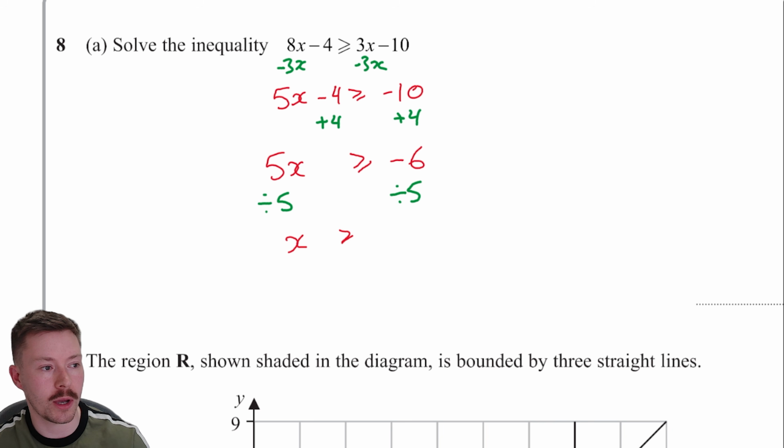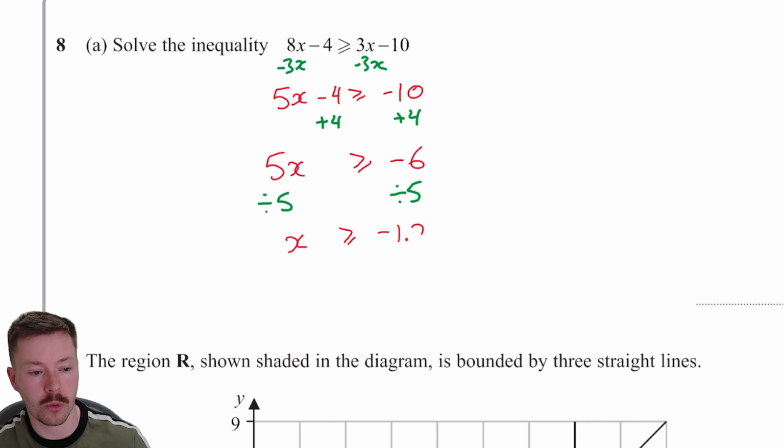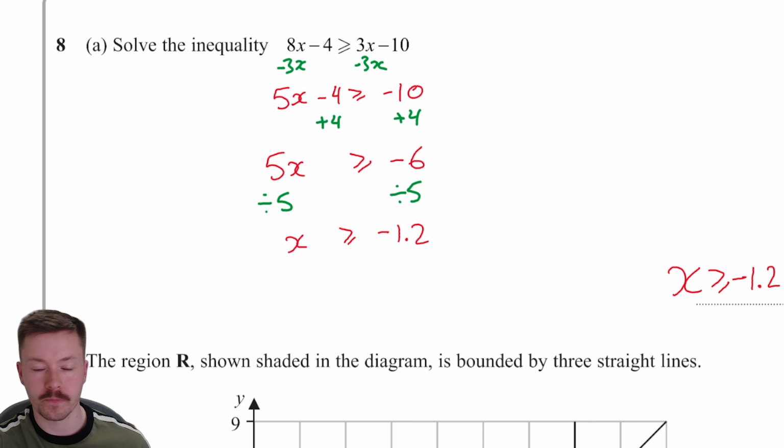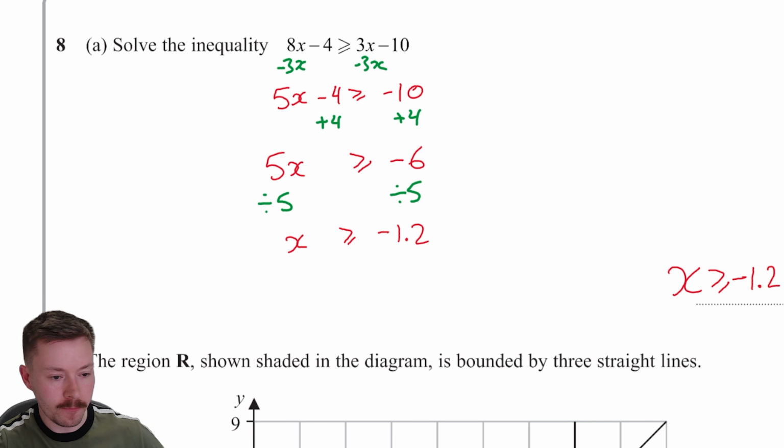We are going to end up with, if I write the symbol properly, minus 6 divided by 5 is going to be minus 1.2. So we get as our answer x is greater than or equal to negative 1.2. Okay. Again, like I say, if you're not sure about anything numerical, check it on your calculator.